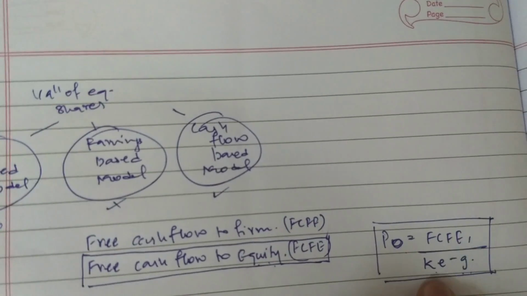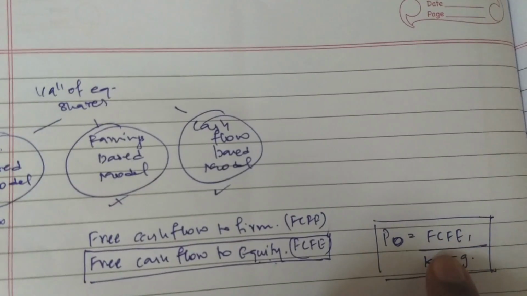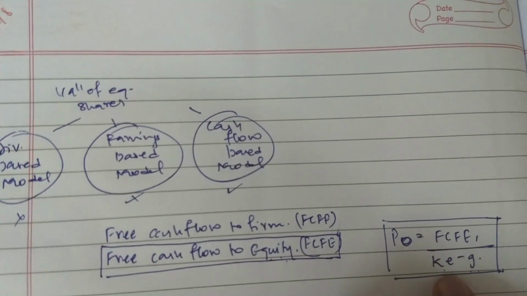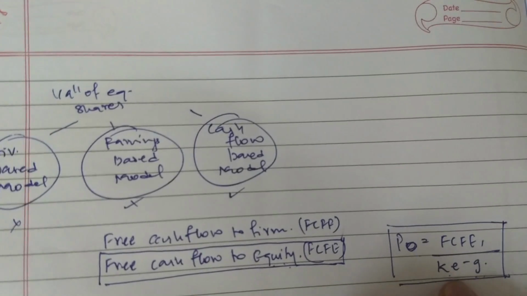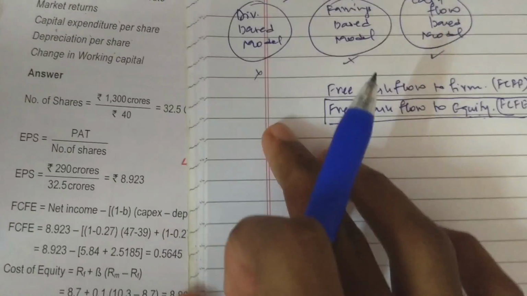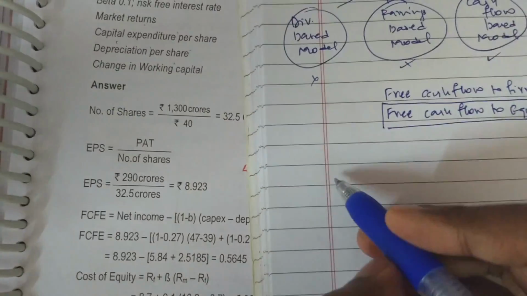Based on such determination, using the opportunity cost or the cost of equity or the required return, we are able to find out the value of share. Now, how to calculate FCFE, or what FCFE is.